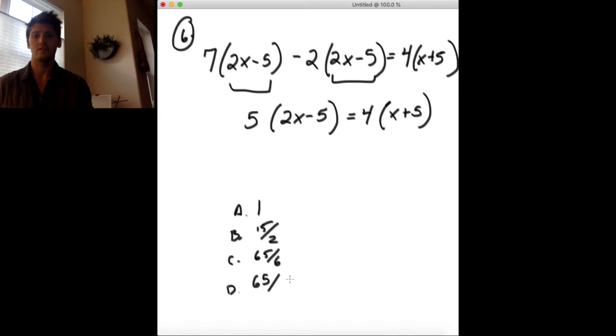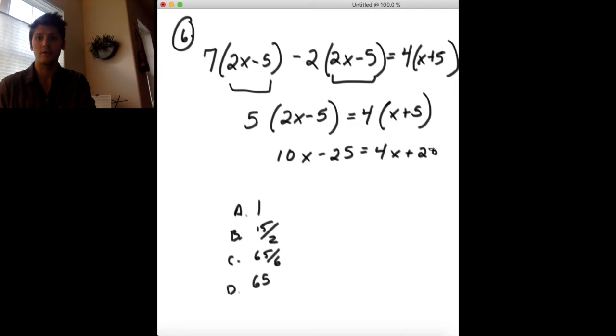Just 65 is the answer to D. Look, at this point there's a bunch of stuff you could do. Personally, I would probably just distribute at this point and say 10x minus 25 equals 4x plus 20.